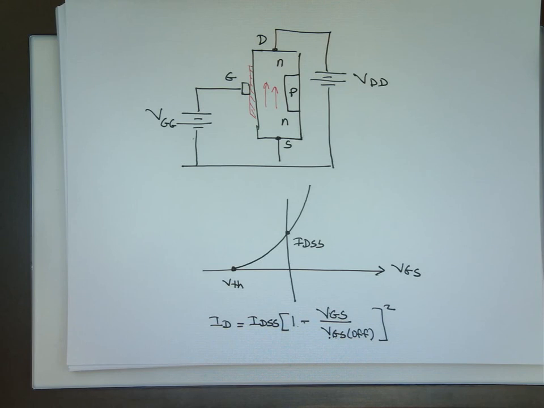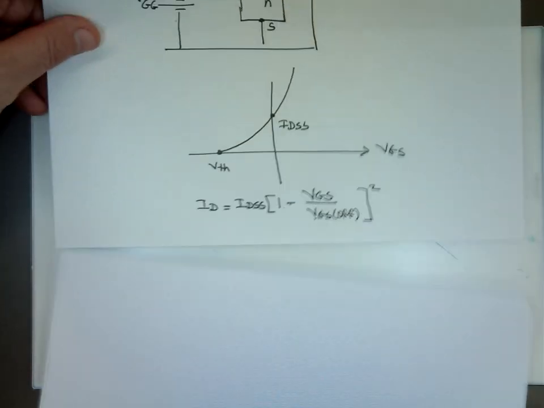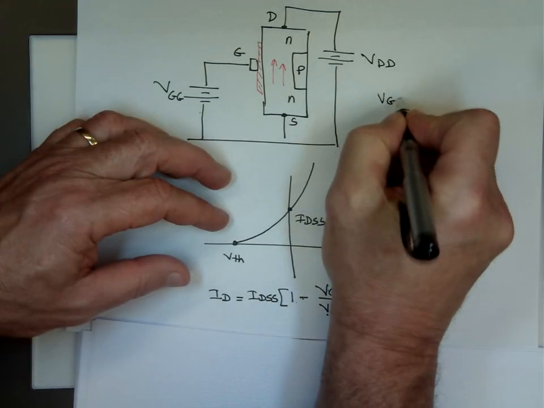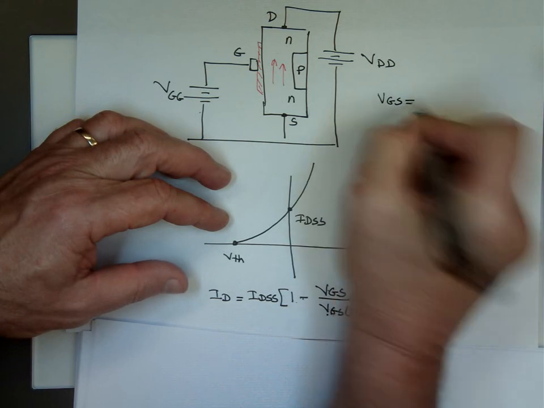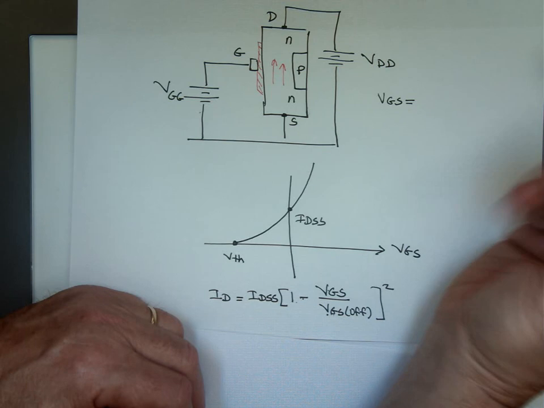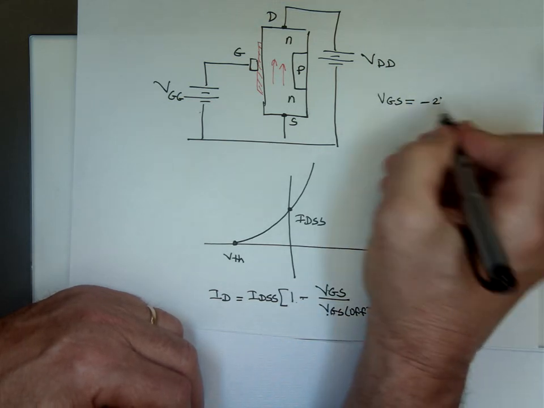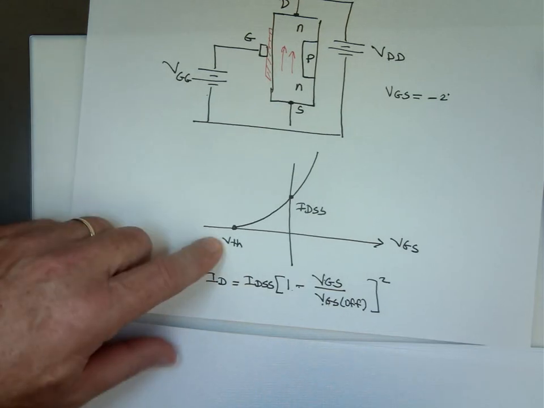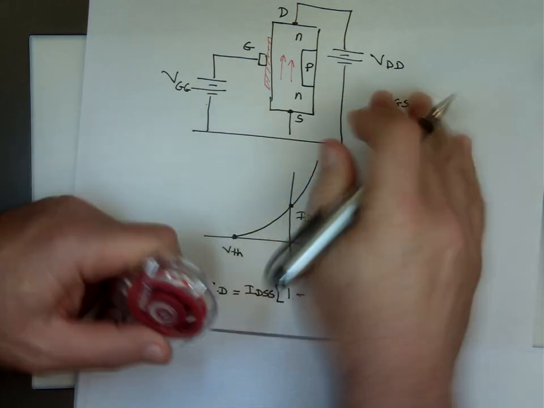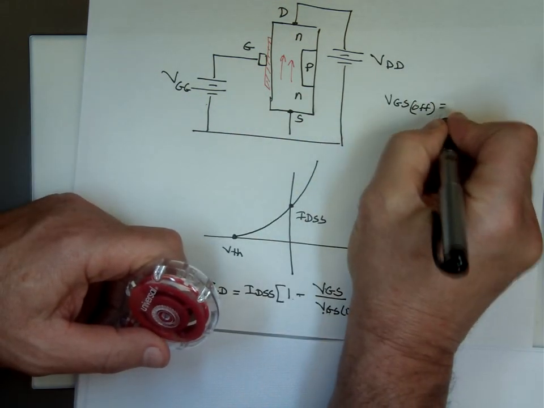Just to show you mathematically, in case you're struggling with what I just said, let's pick a value. Let's say VGS off, the threshold voltage, is negative 2 volts.